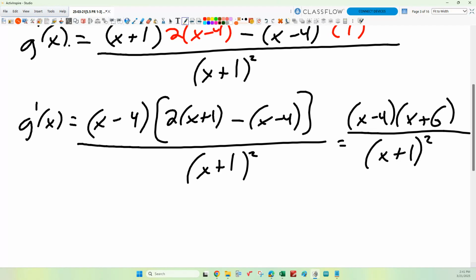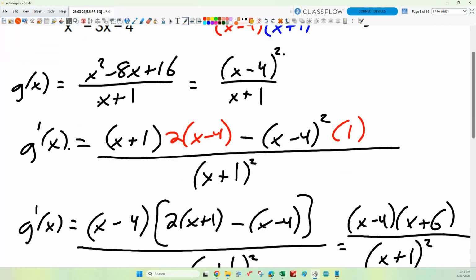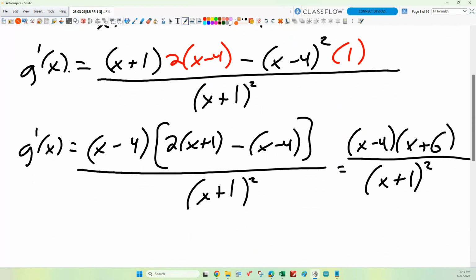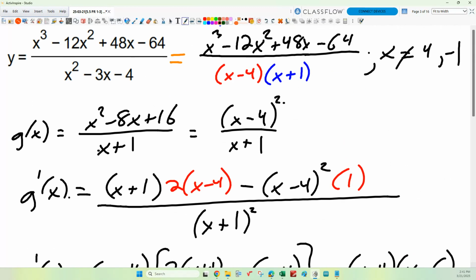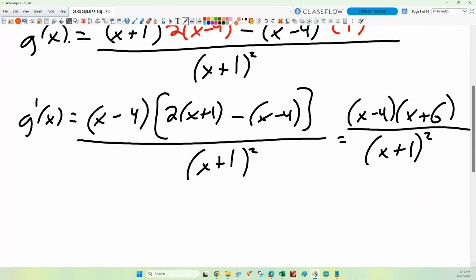Negative 6, positive 4, right? Make sense? Is positive 4 actually a critical number, though? It's not, because it's restricted from the domain, right? So our only critical number is x equals negative 6.